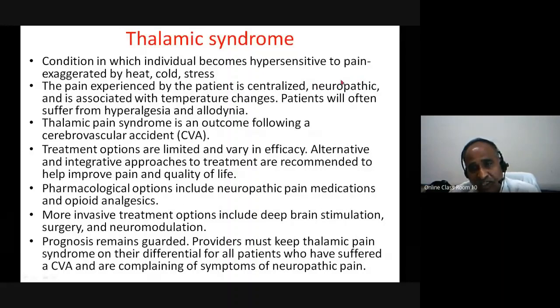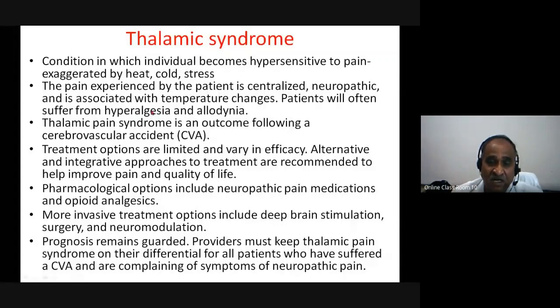That means originating from the neurons in the thalamus, and is associated with temperature changes. That means they will stimulate or trigger the changes. And these patients will often show increased sensitivity of responses. That means the pain fibers are hyperalgesic. They respond even to small subthreshold stimuli.